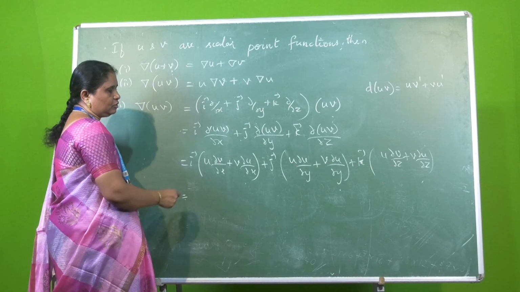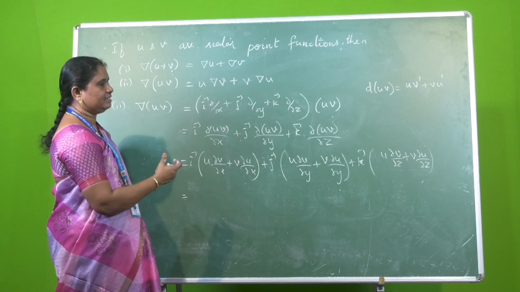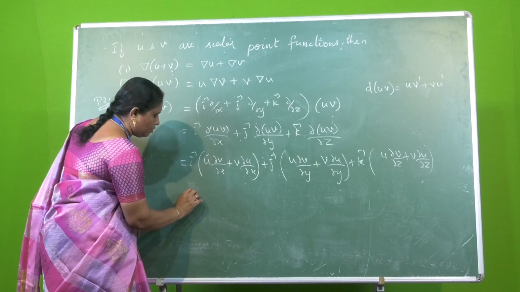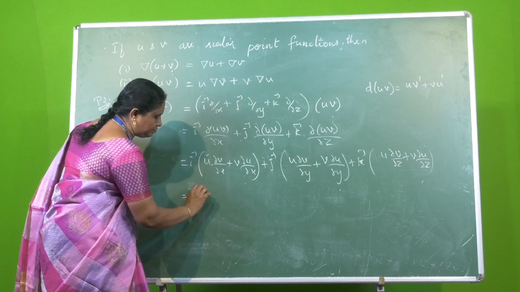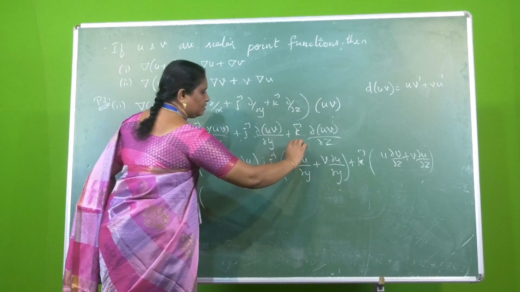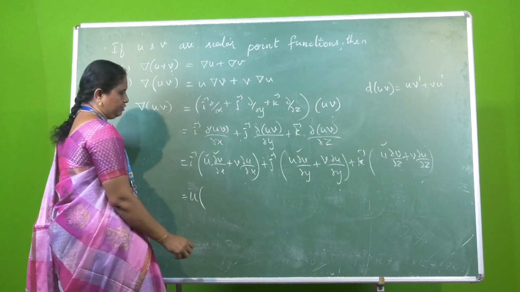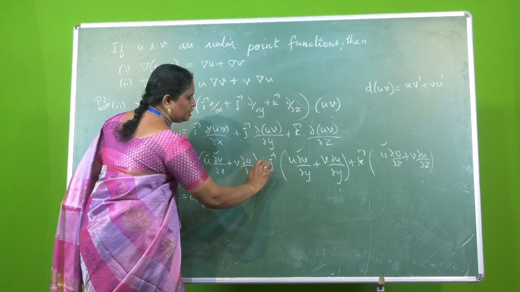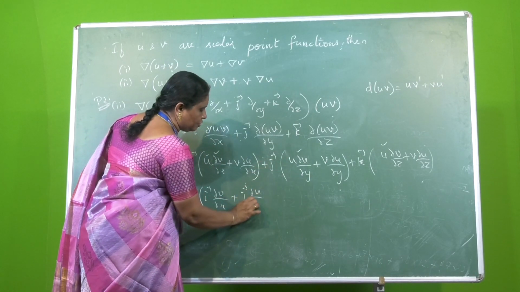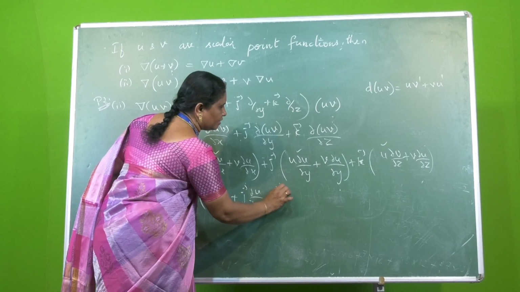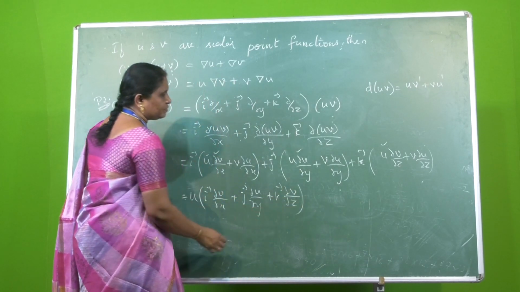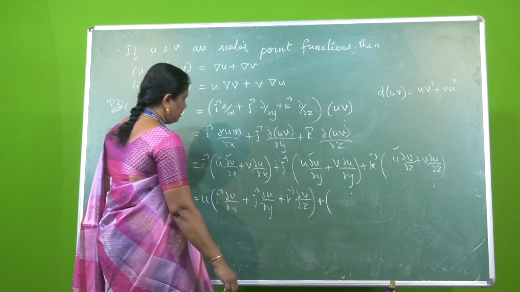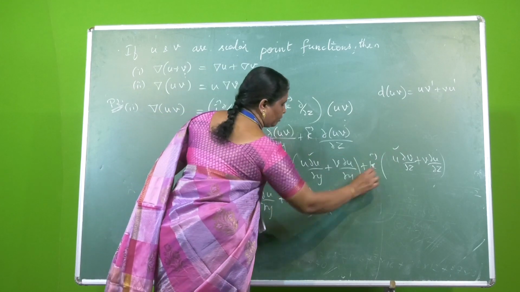Now we can collect, so totally there are 6 terms. We can collect the terms with the product u's and then v's. So we can take u as a common term and collect these terms with product u. Therefore, i vector dou v by dou x plus j vector dou v by dou y plus k vector dou v by dou z. Collecting the remaining 3 terms, we get v as a common factor.